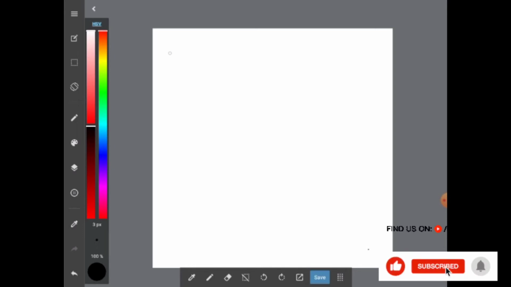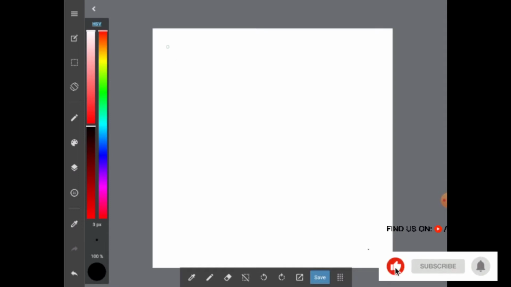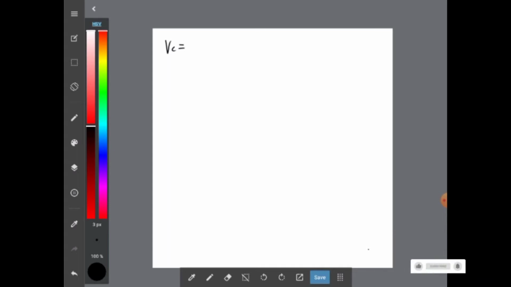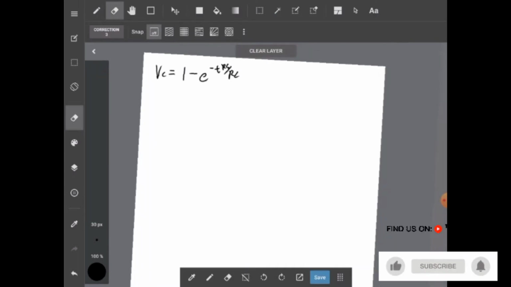The formula for the charging of the capacitor is: voltage of the capacitor equals 1 minus Euler's number raised to negative time over RC. Since the time itself also uses the RC symbol, we can cancel that out.